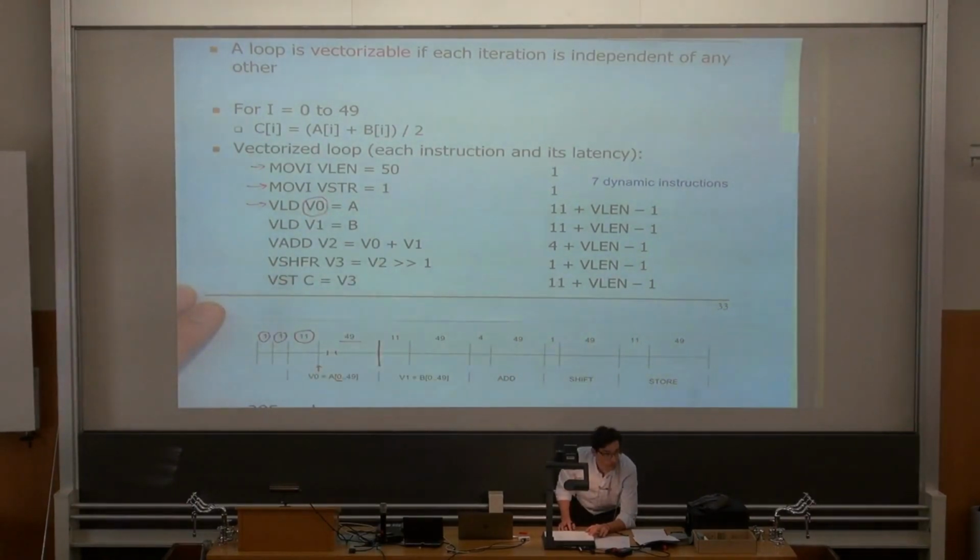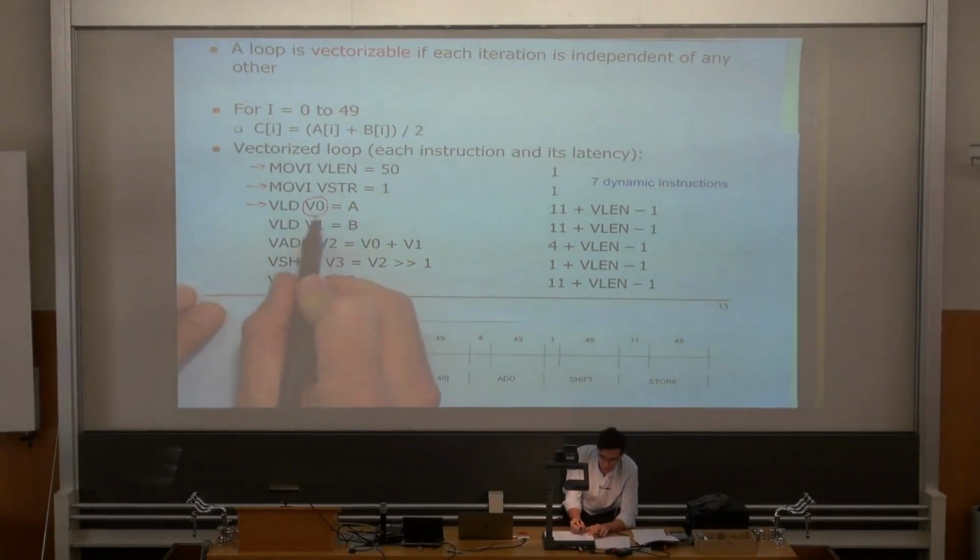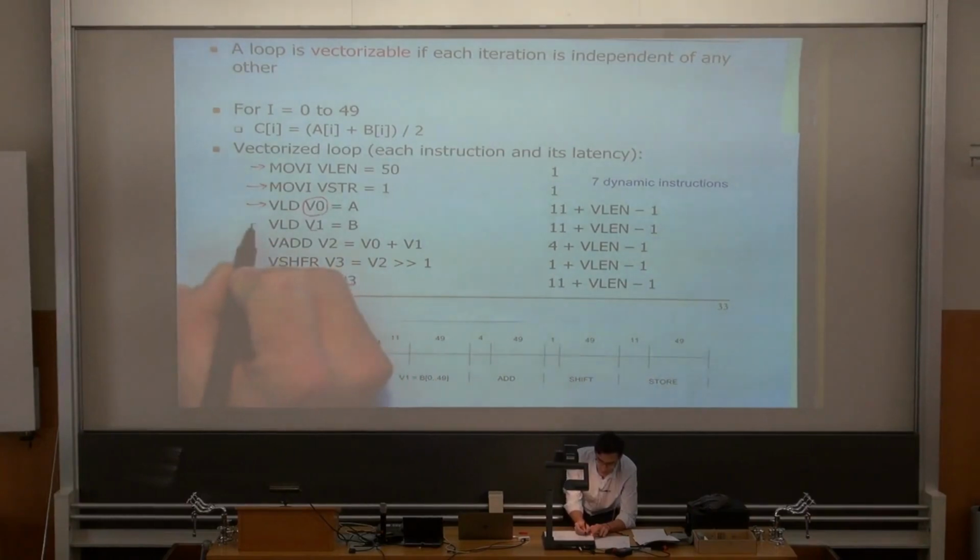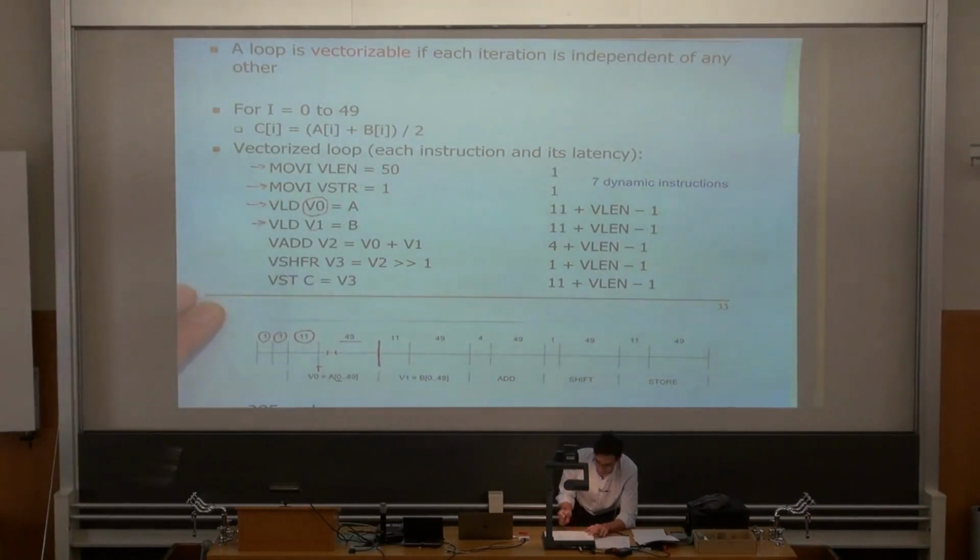vector 0, right? Because we have one single memory port, we cannot be loading two different vector registers at the same time. So we cannot start this vector load until this point. That's why, again, we see here the entire 11 cycles plus 49.